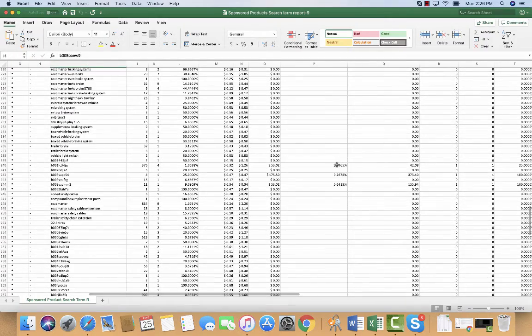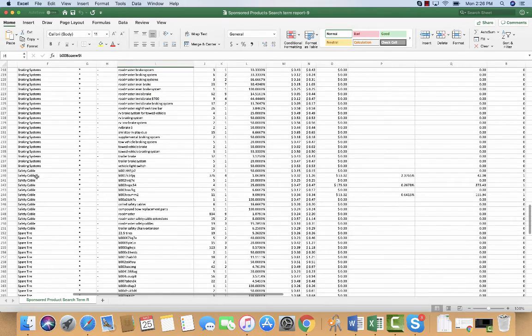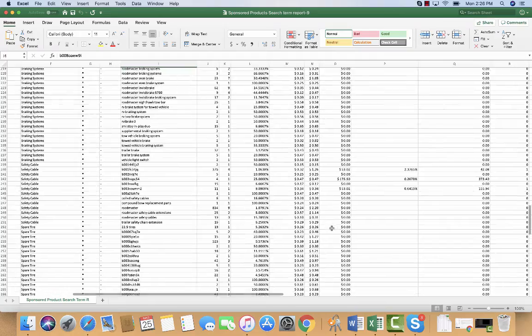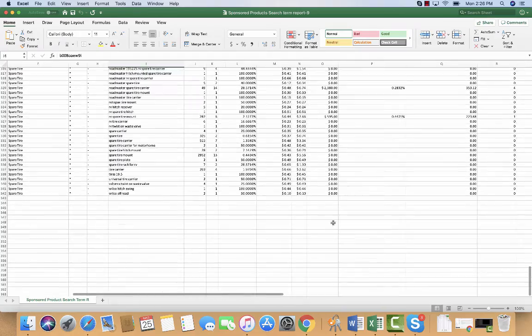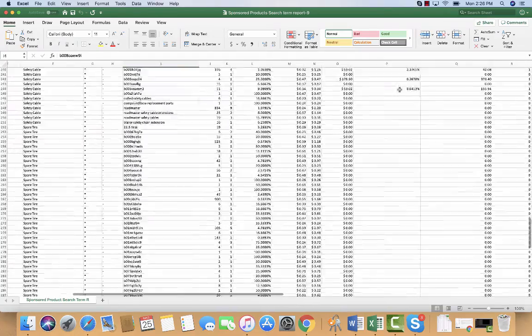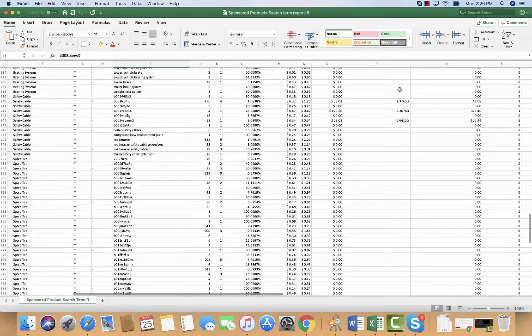Okay, there's $2, and you can look over here and see safety cables campaign versus spare tire versus braking system. But basically we want to go through here, try and find out what's costing the most. So I would say it's probably this.